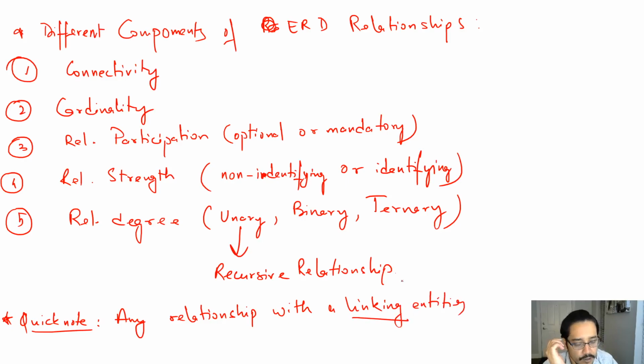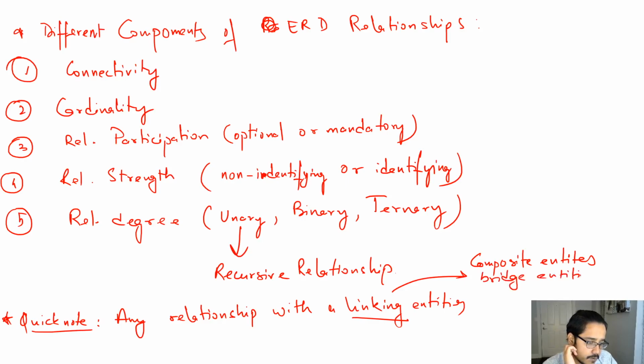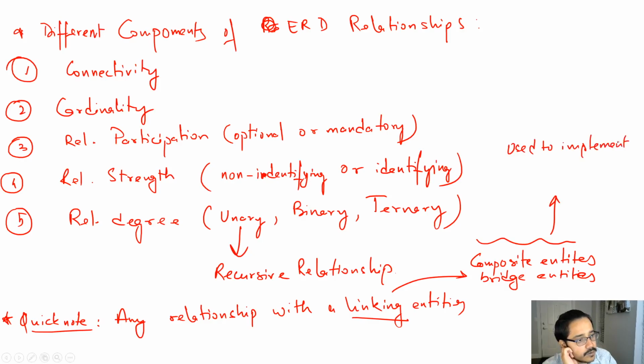Linking entities are also known as composite entities, okay, or bridge entities. So they are basically used to implement conceptual relationships.